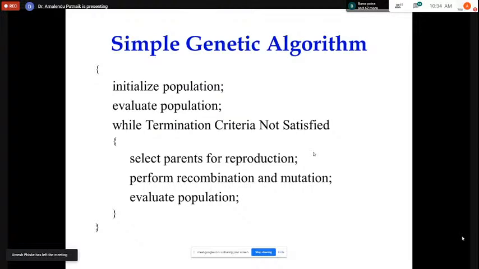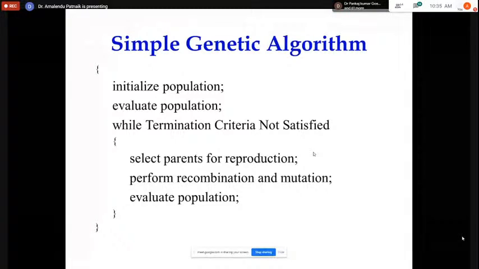Suppose, for example, the resonant frequency of an antenna is 5 gigahertz, and by applying these meta-heuristic techniques you got 5.0003. So here the tolerance limit is 0.0003.